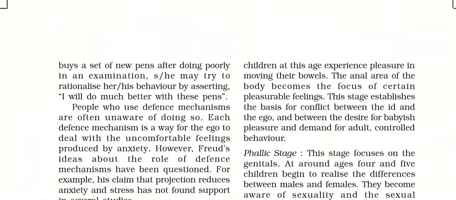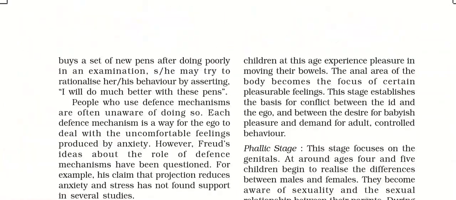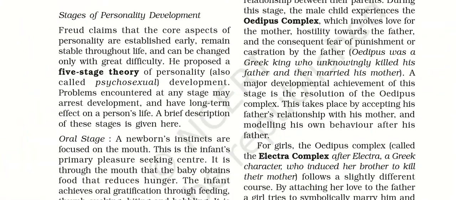Then another one. Now I guess we have stages of personality development. Freud proposed a five-stage theory of personality, also called psychosexual stages of development. A problem encountered at any stage may arrest development and have a long-term effect on a person's life.